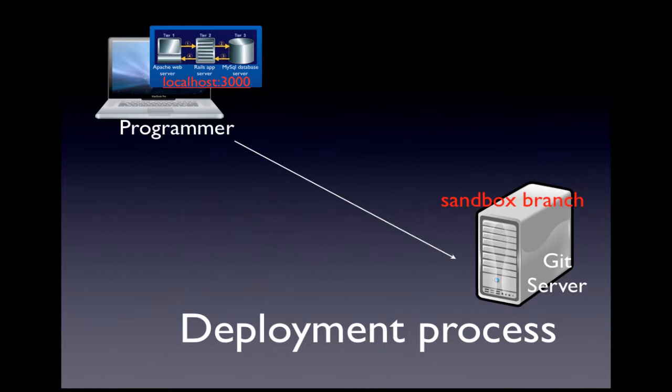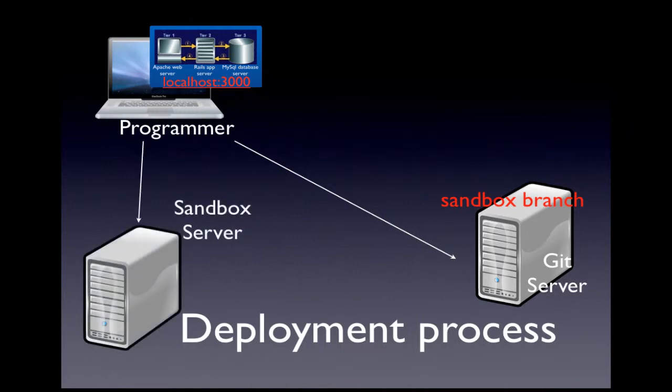So, for example, the programmer can commit stuff to their local sandbox branch and push it to the remote sandbox branch on the Git server, and then instruct the sandbox server to go ahead and update itself from the sandbox branch on the remote Git server.